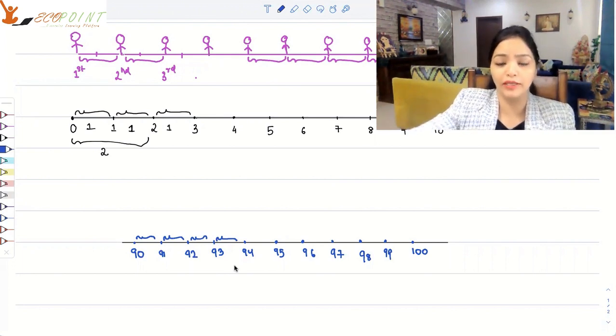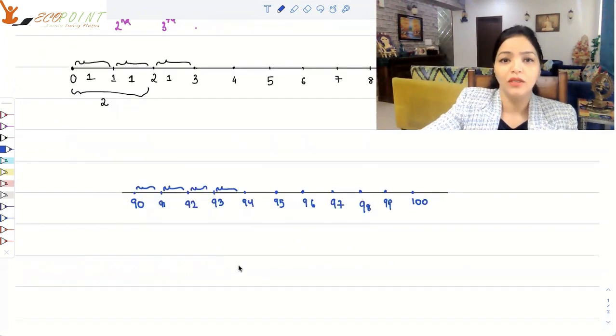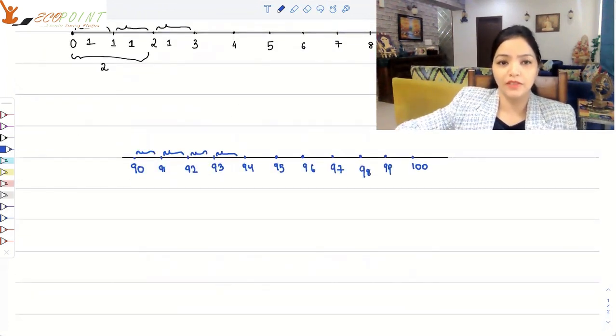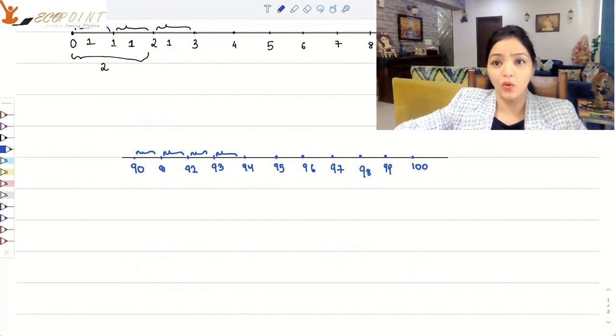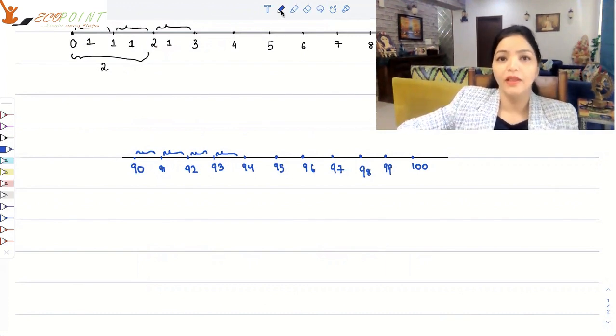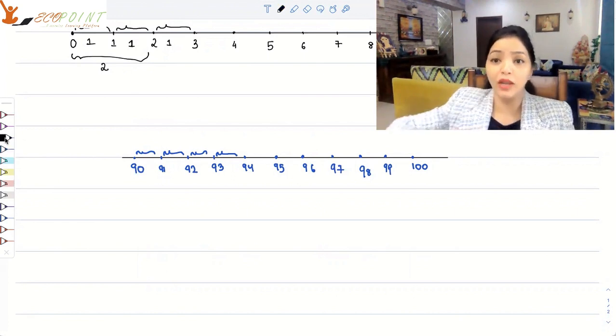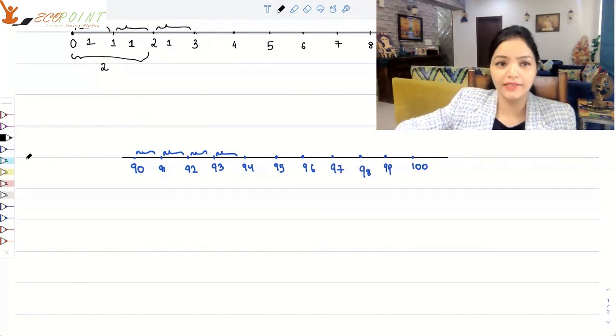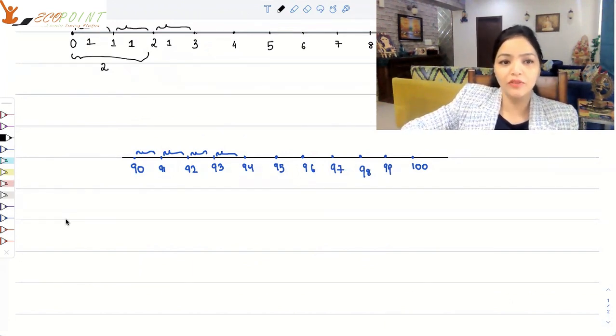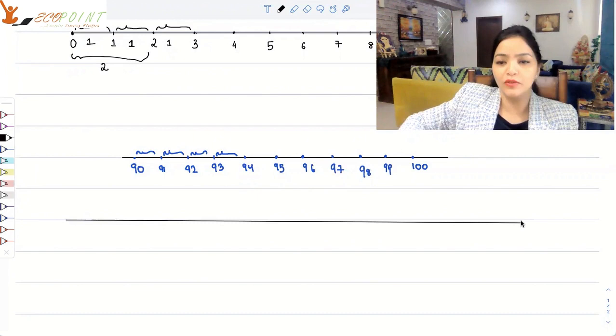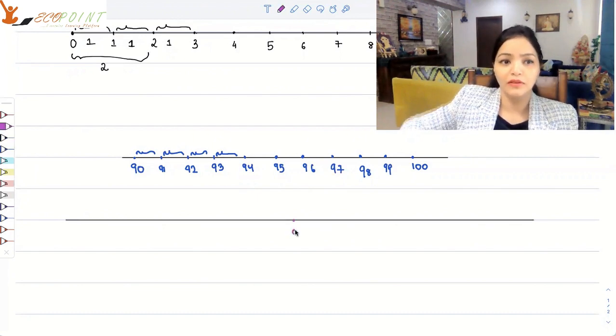So in a number line, what you have to keep into account is that you can display whole numbers, natural numbers. We've just done that. But again, as I'm able to denote numbers from 90 to 100 for my analysis, I should be able to display all sorts of numbers, even the negative numbers.